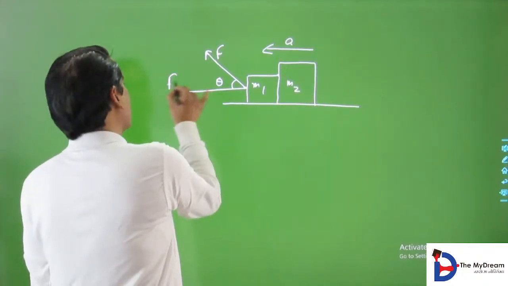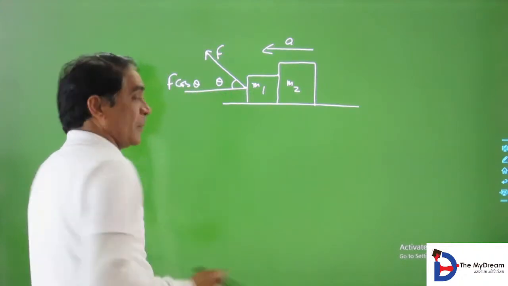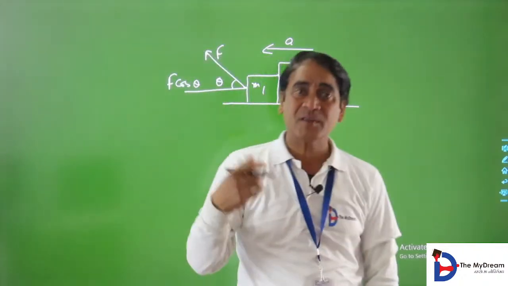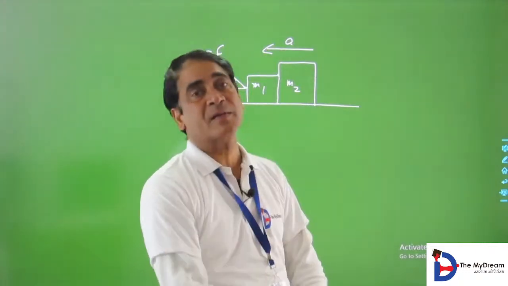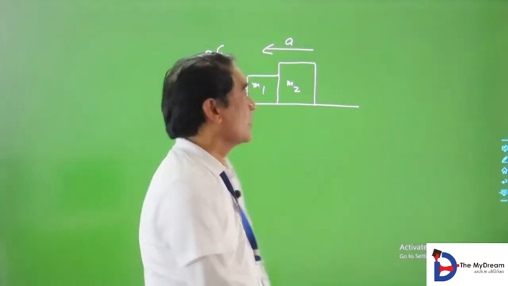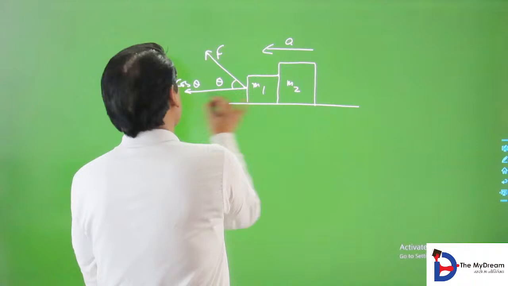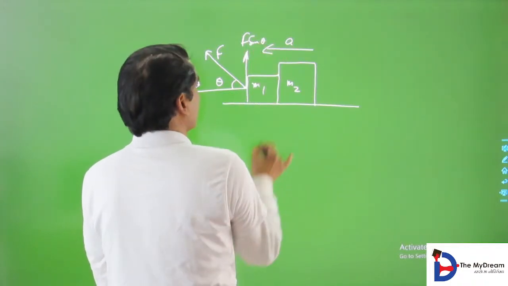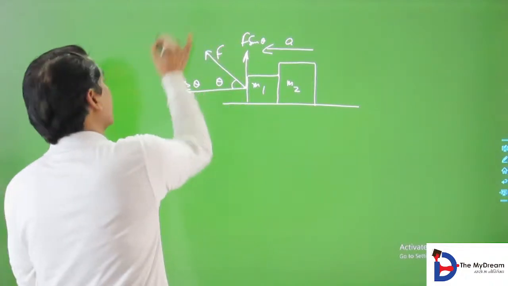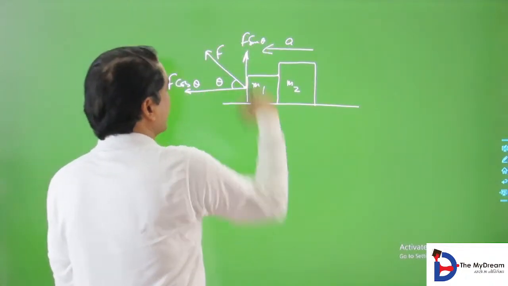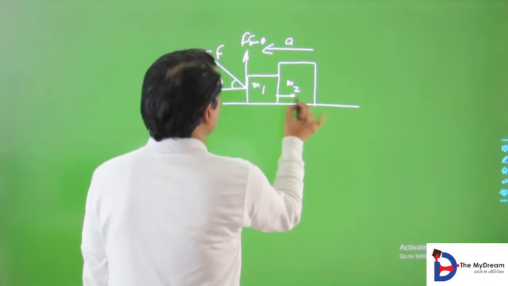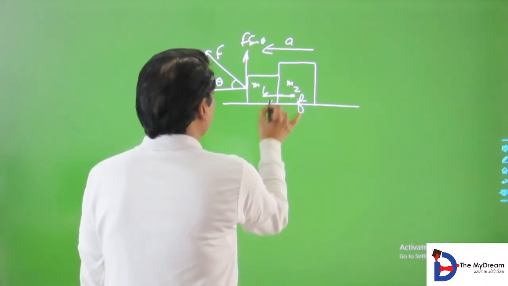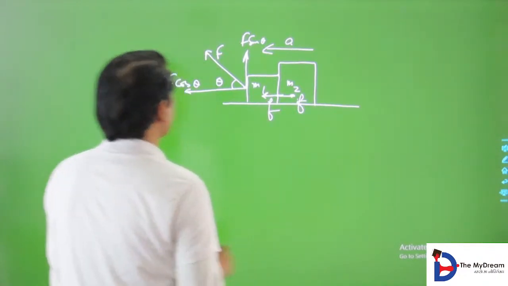So F cos theta, because of the F cos theta, there is the horizontal displacement. Because of F sin theta, there is no vertical displacement.